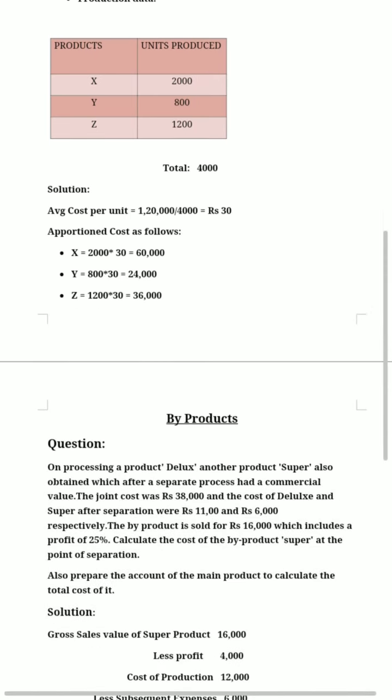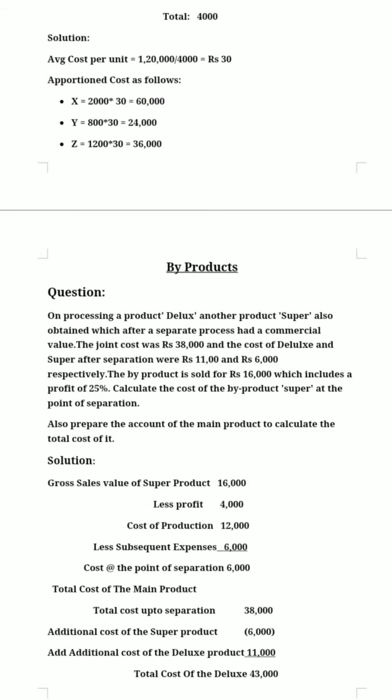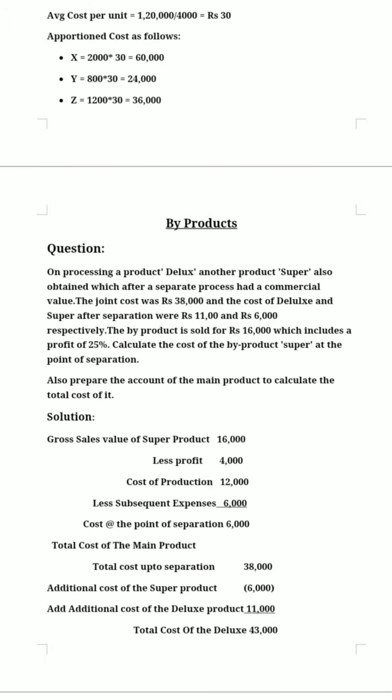Now coming to my last and final question, from the byproduct portion. The question is: on processing, a product delivers another product super is also obtained, which after a separate process had a commercial value. The joint cost was rupees 38,000 and the costs of delivers and super after separation were rupees 11,000 and 6,000 respectively.